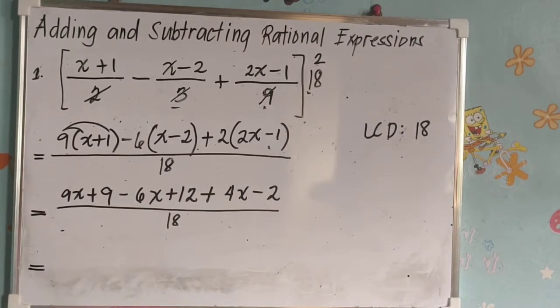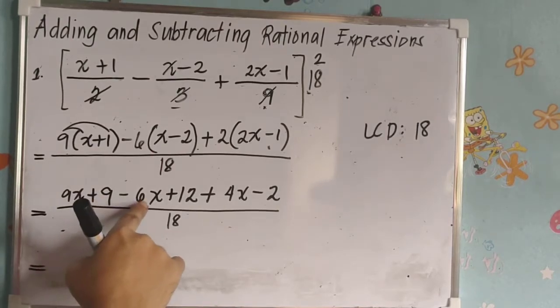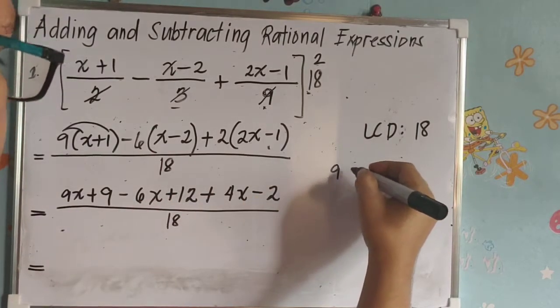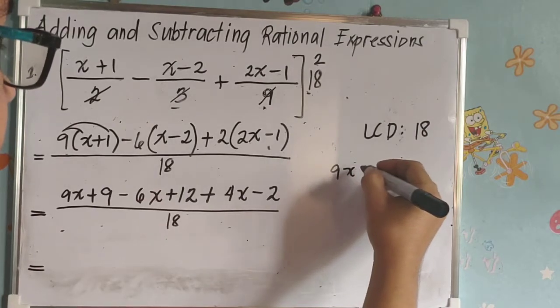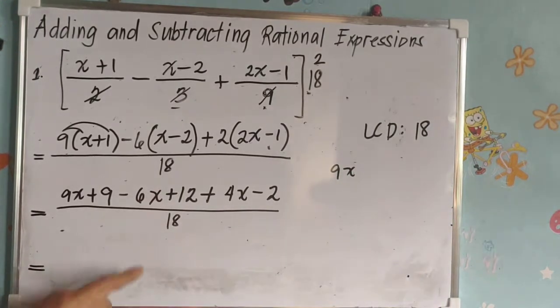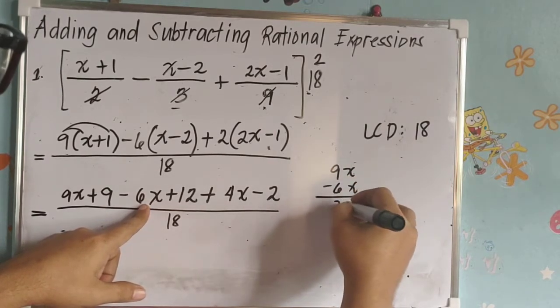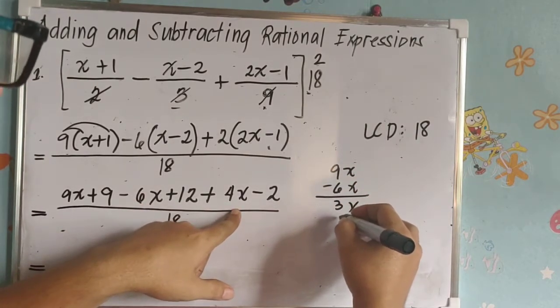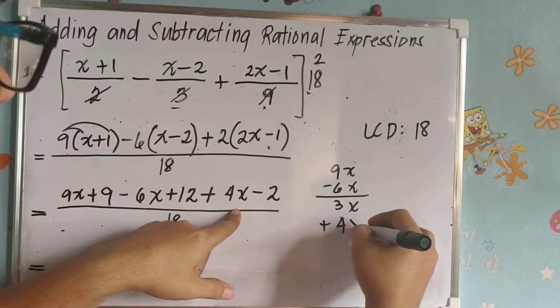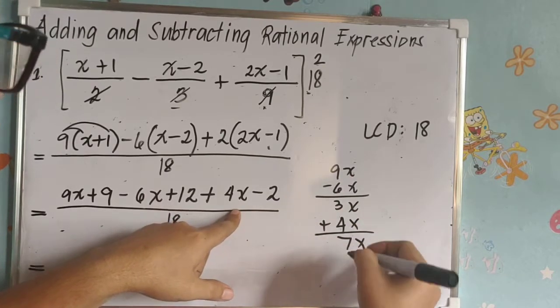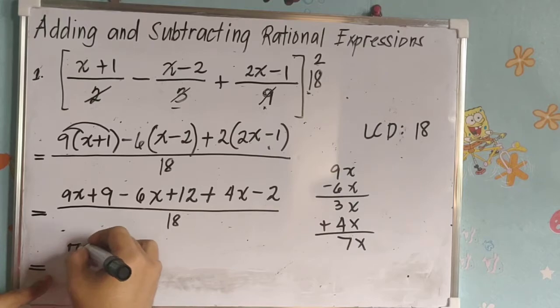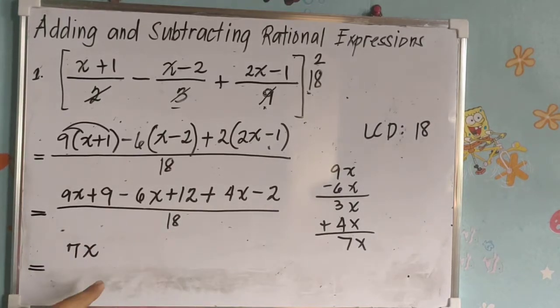Then simplify by combining like terms. So 9x minus 6x is 3x, and then plus 4x, so we have 7x.